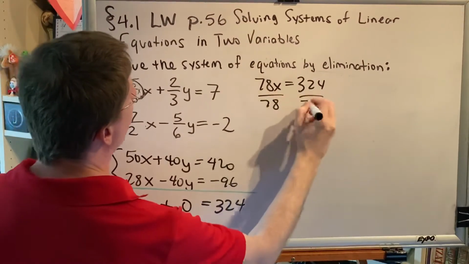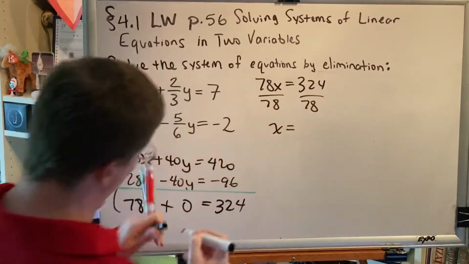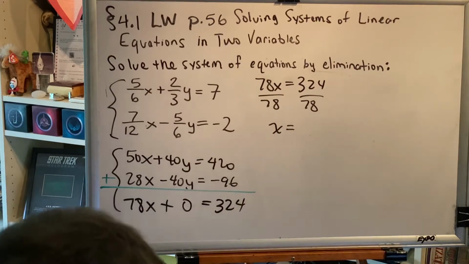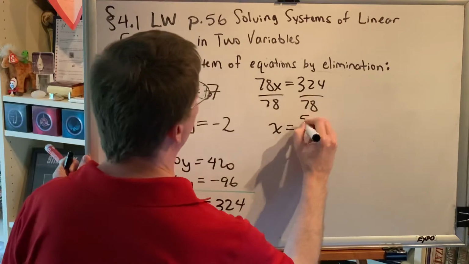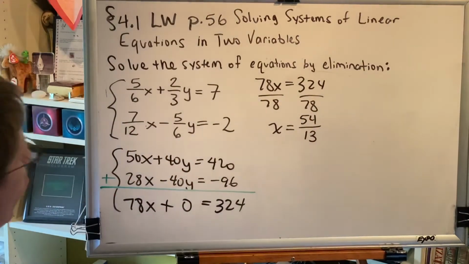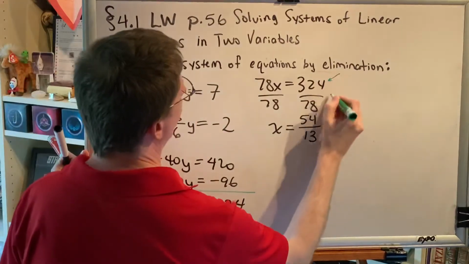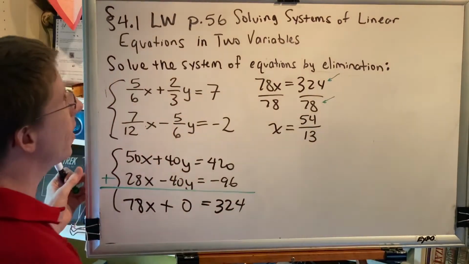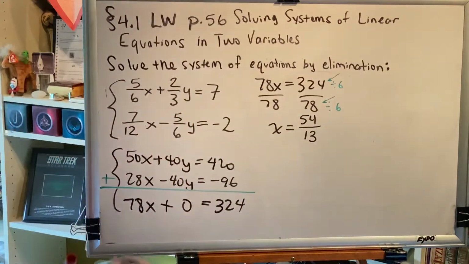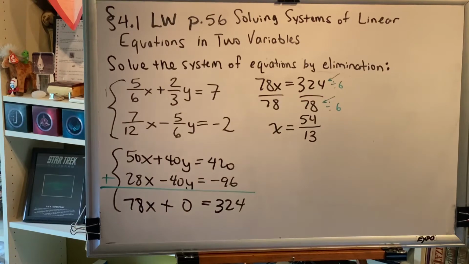Dividing by 78 on both sides, we get x is equal to 324/78. The greatest common factor of the numerator and the denominator is 6. So if you divide by 6 here and here, you get the reduced fraction 54/13 for x.